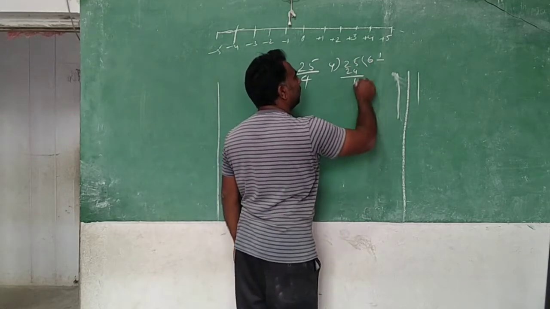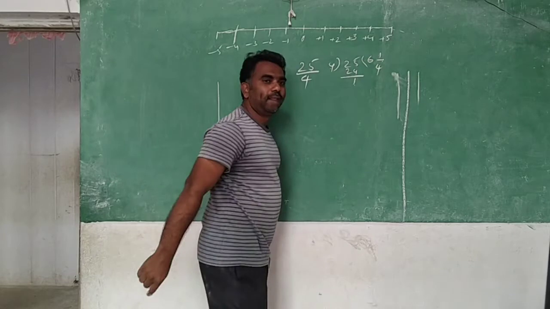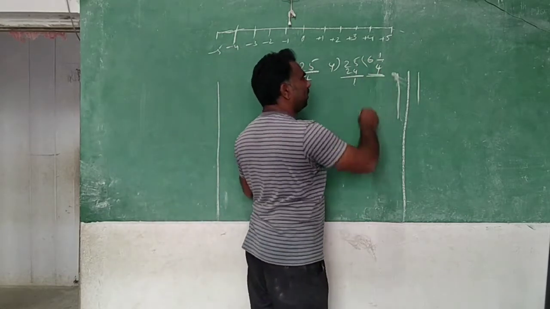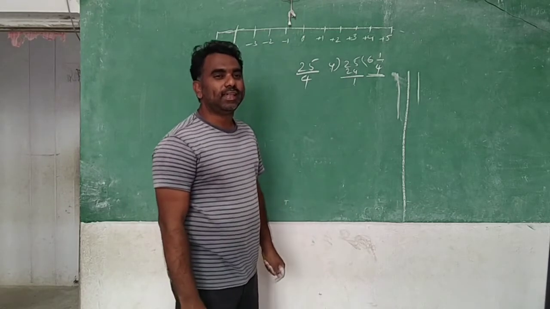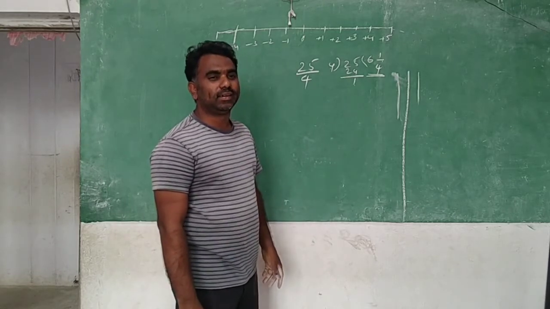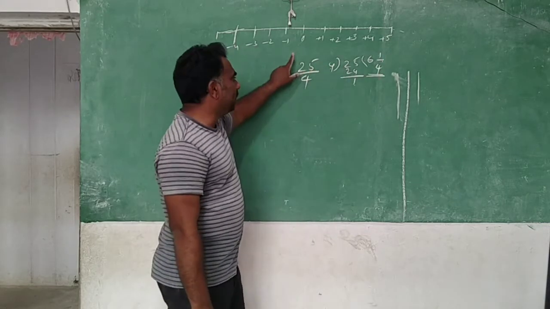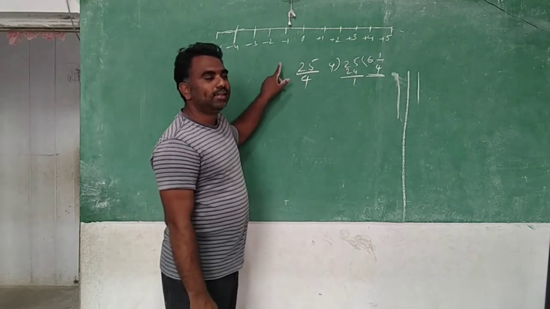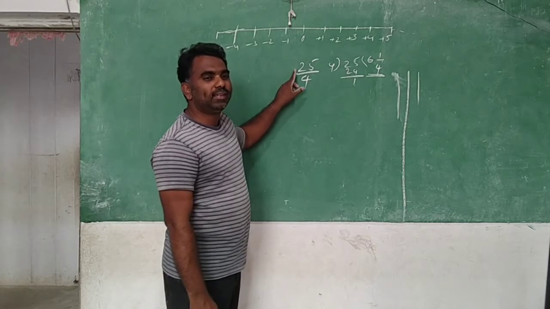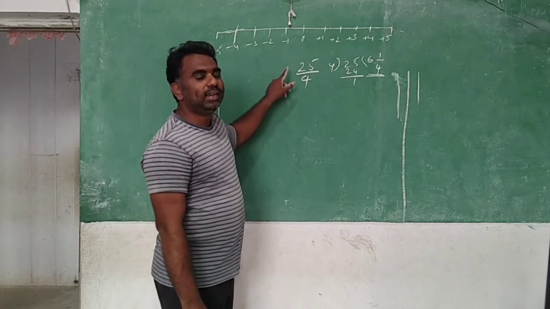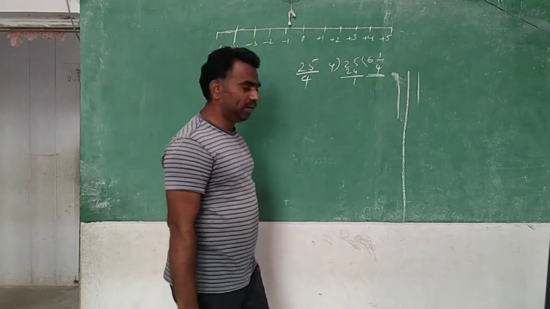So you write 6 1/4. Now you can say where this is. 6 1/4 is in between 6 and 7. Means 25 by 4 is 6 1 by 4, so it is in between 6 and 7.